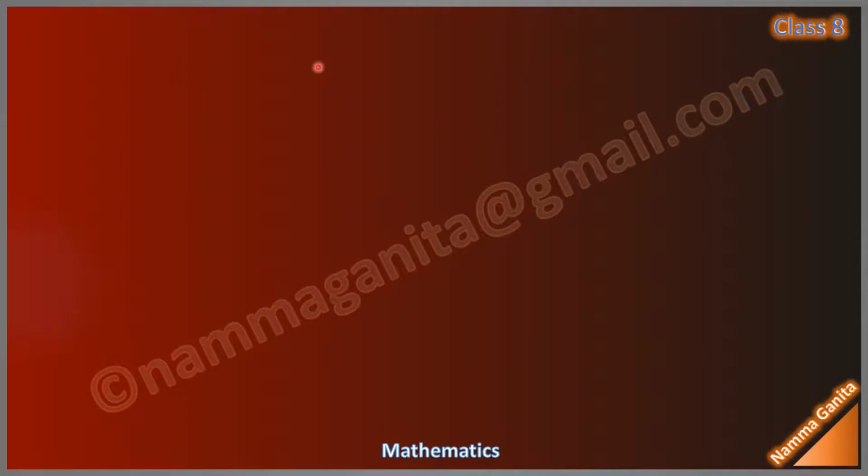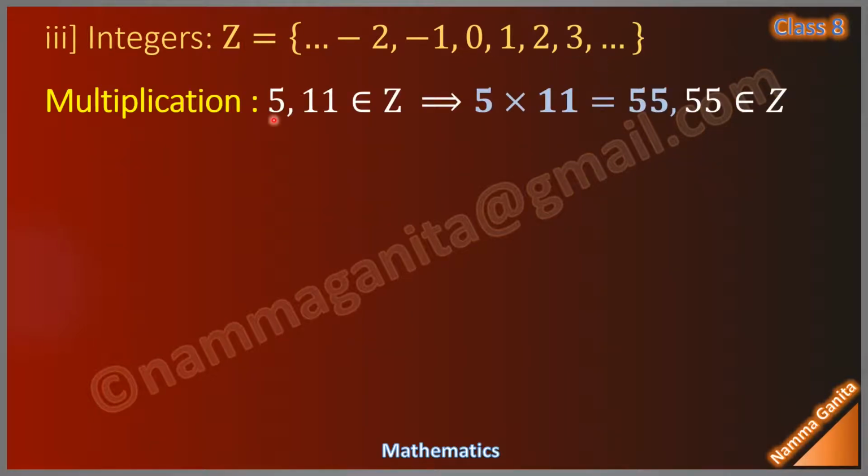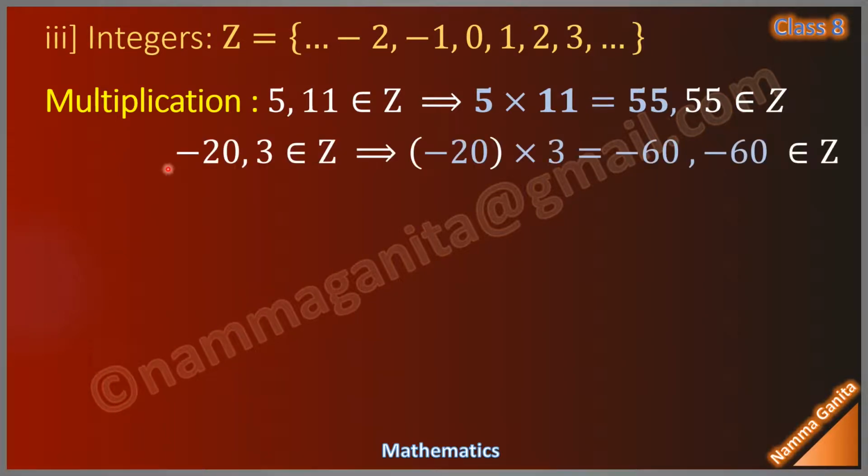Now consider the set of integers Z = ..., minus 2, minus 1, 0, 1, 2, 3 and so on. First consider 5 and 11. If 5 and 11 belong to Z, that implies 5 into 11 is equal to 55 and 55 belongs to Z. Consider the second example.